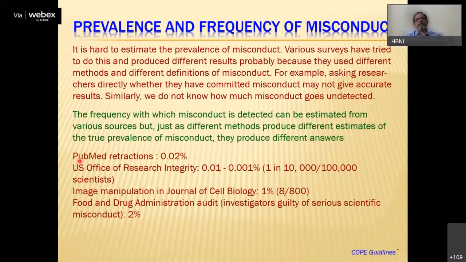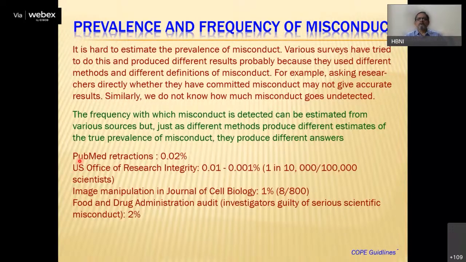Then, what is the prevalence and frequency of misconduct? It is really hard to estimate the prevalence of misconduct because nobody is going to admit openly that they have indulged in scientific misconduct. Various surveys have been tried and they produce different results, probably because they use different methods and different definitions of scientific misconduct.